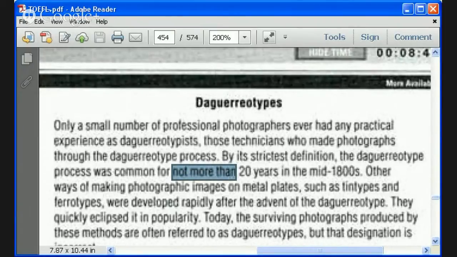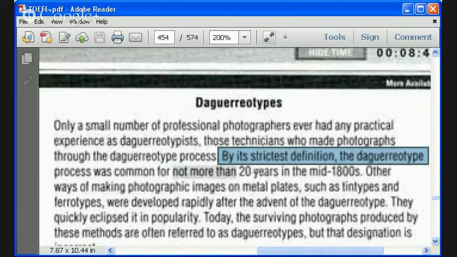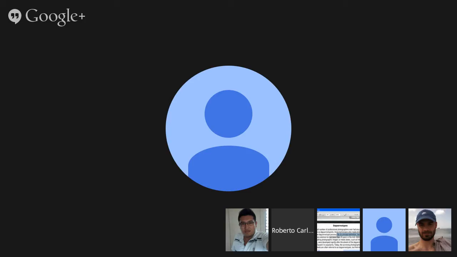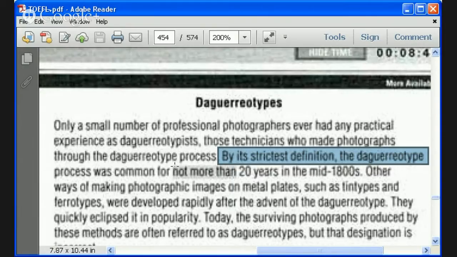Roberto? Yes, try this out. All right, let's go right to it. It's easy to find, it's highlighted. Let's see if you can figure out an alternative phrase. All right, so go ahead and read the sentence. "By its strictest definition, the daguerreotype process was common for not more than 20 years in the middle 18th... 1800s."